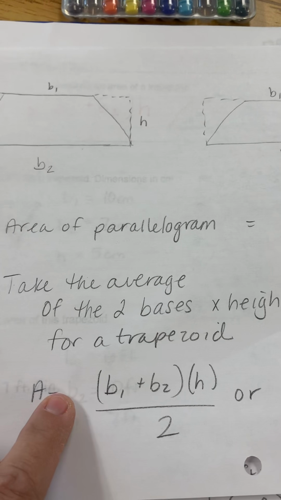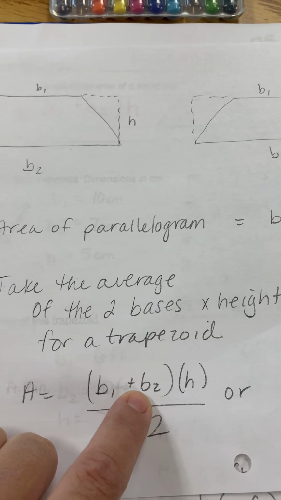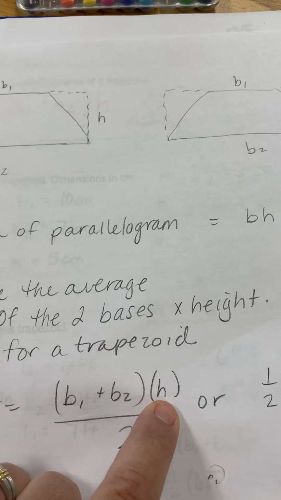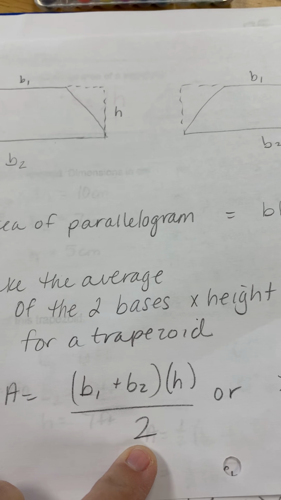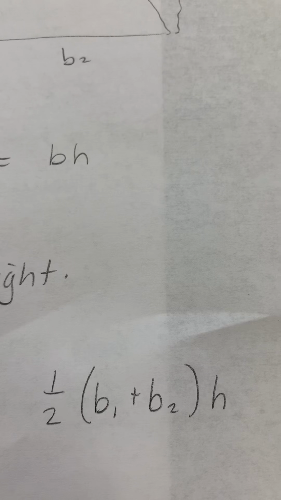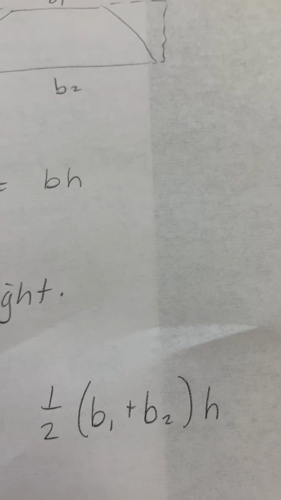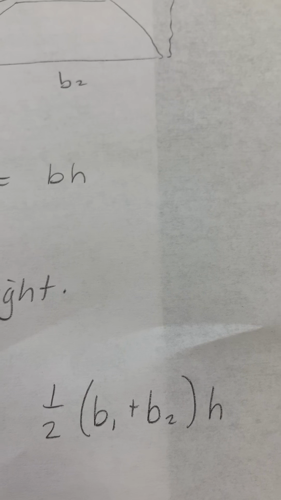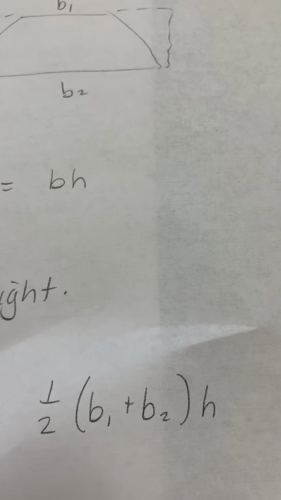So what it looks like is area equals, you add the two bases together, which gets you a base amount, and you multiply it by the height and you divide by 2, which is an average, okay? Or, this is our actual formula, 1/2 times base 1 plus base 2 times the height. And what that means is it's taking an average of the two bases and multiplying it by the height. Okay, so that's where the formula comes from.